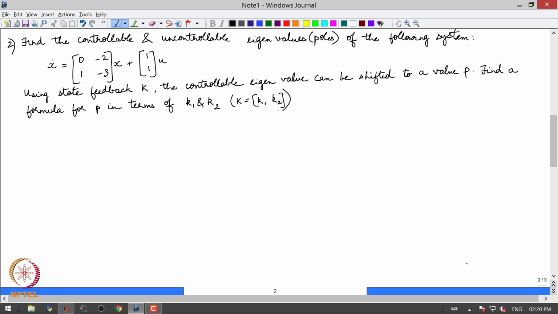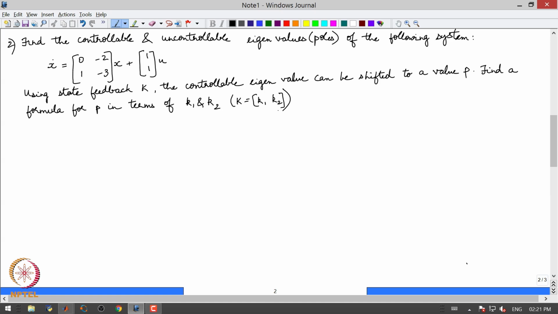It is already said that there exist controllable and uncontrollable eigenvalues. So, we can always find one pole to be controllable and the other pole to be uncontrollable. So, how can we find out? A simple way is to find out the controllable decomposition of this system.